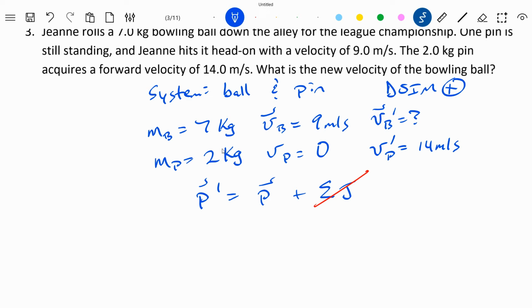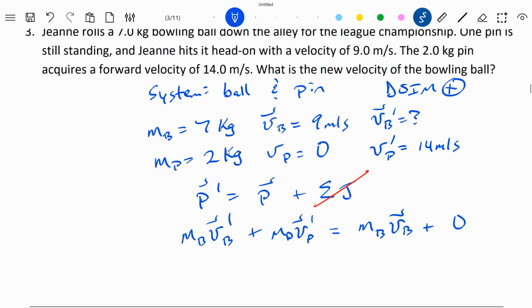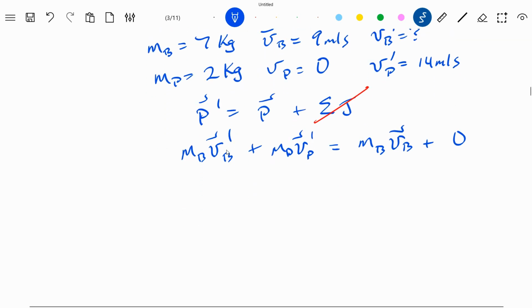Afterwards, there's the mass of the ball with a velocity of ball prime, and the mass of the pin with a velocity of pin prime. That's equal to the mass of the ball times the velocity of the ball before, plus 0, because the pin was originally stationary, so it had no momentum. I've got all my numbers on screen here.